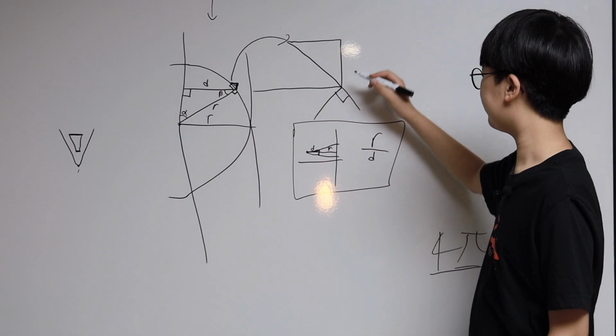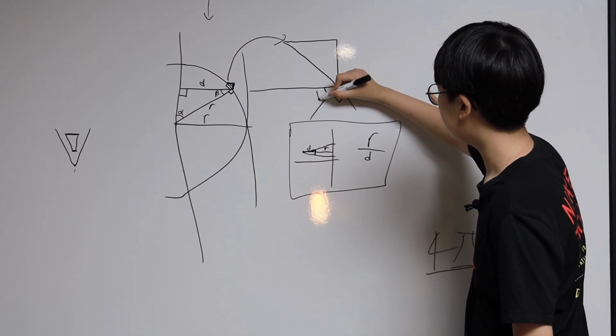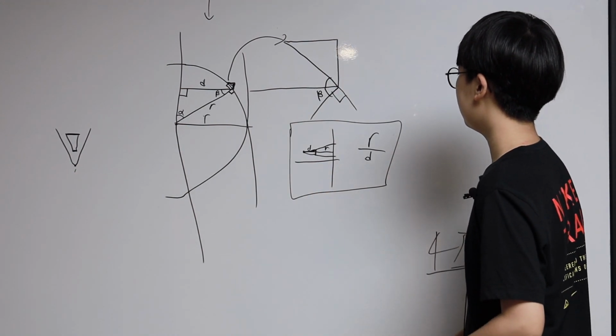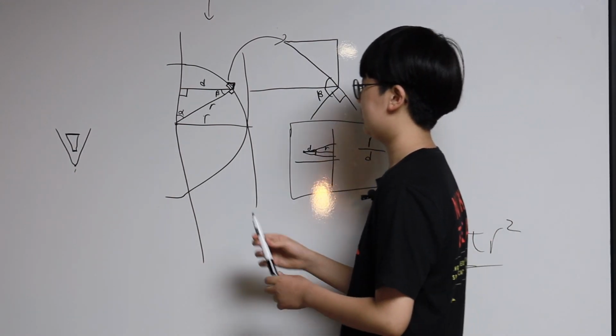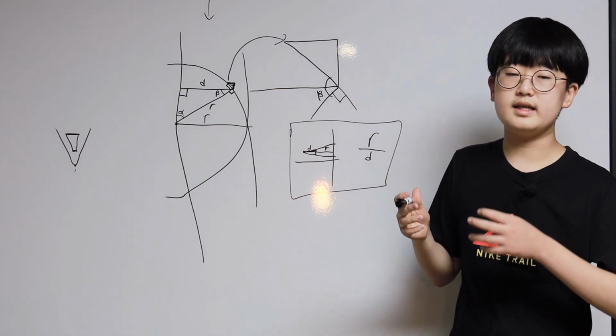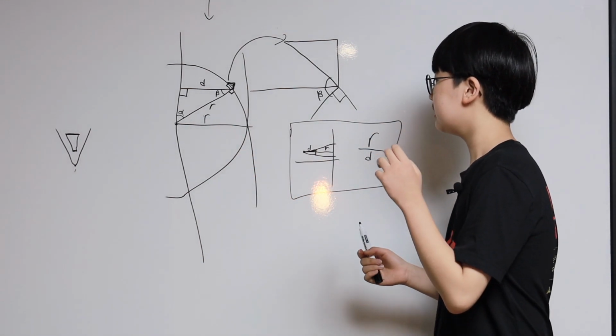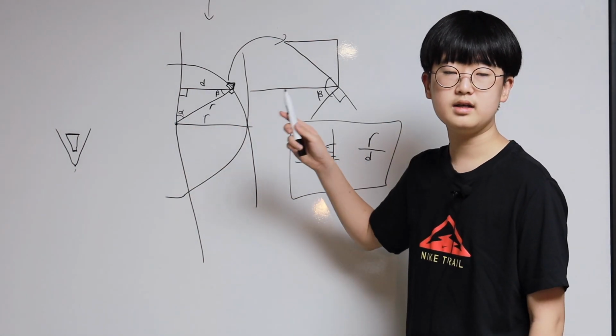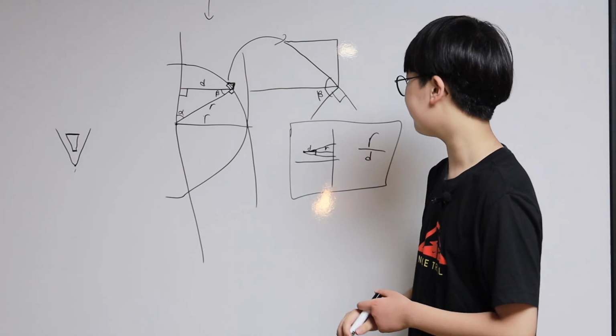This is 90 degrees, and this is beta. I'm going to show you why. The sum of the three angles in a triangle is 180 degrees.